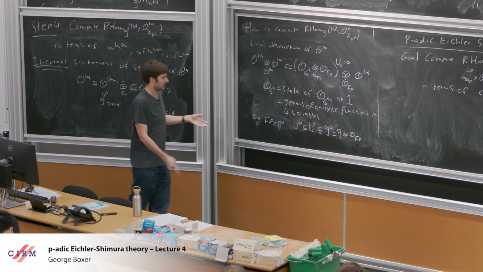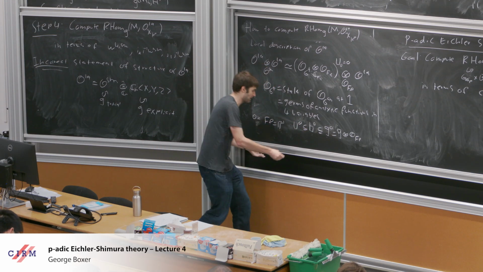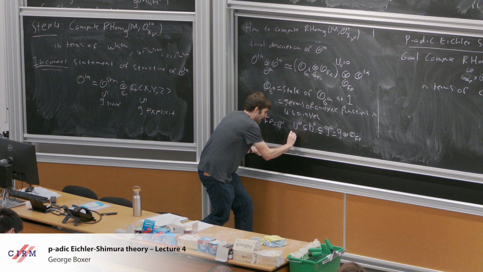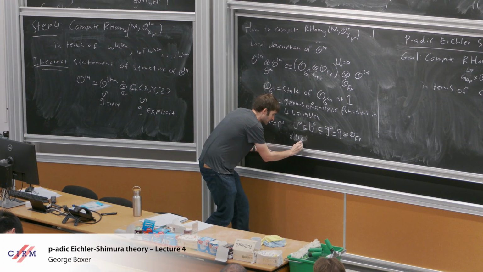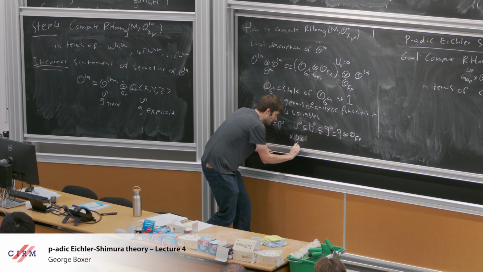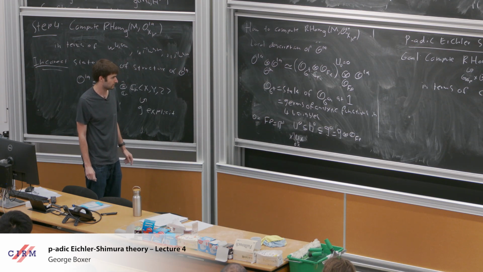They are basically the tautological sub-Lie algebras of this. For example, this would be like X inverse U X over the point B times X.